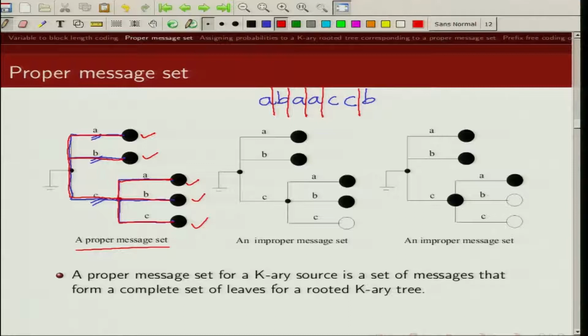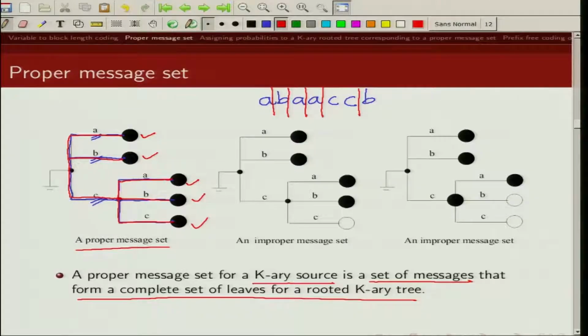So a proper message set of a query source is a set of messages that form a complete set of leaves for a rooted query tree. I am not saying that this tree has to be a full query tree. You need not extend all the nodes up to the full depth, but you should always have a message correspondence from the root to each of the leaves.